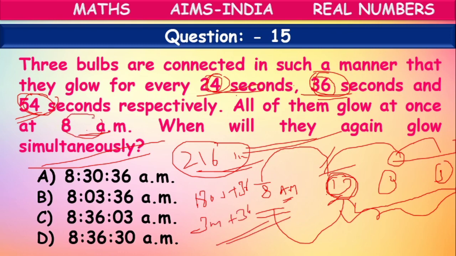So after 8 am, they will glow simultaneously at 8 am, 3 minutes, 36 seconds. Okay. B option is the correct answer.